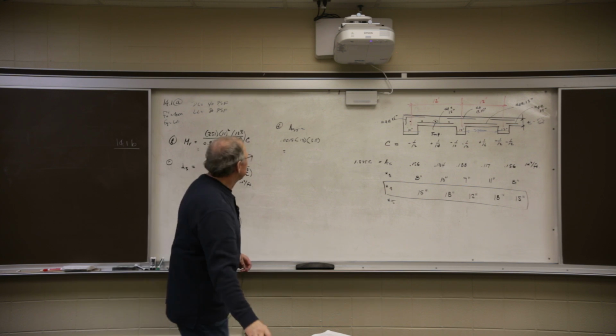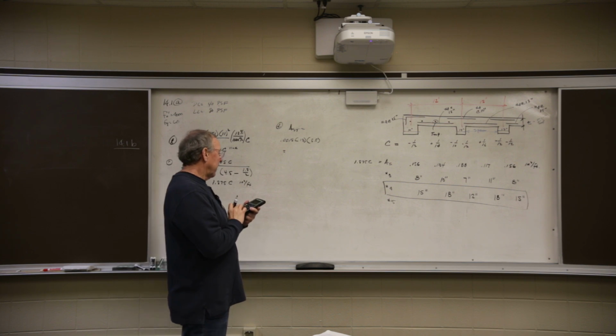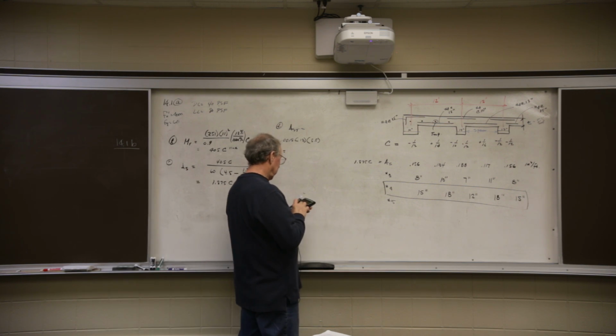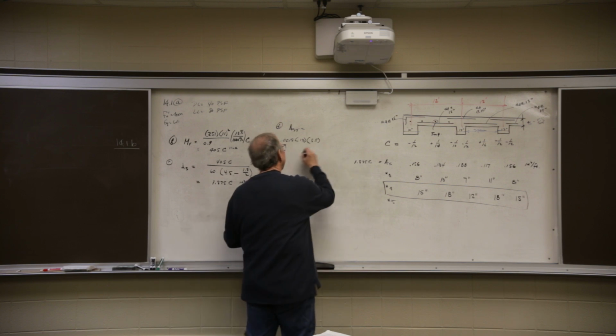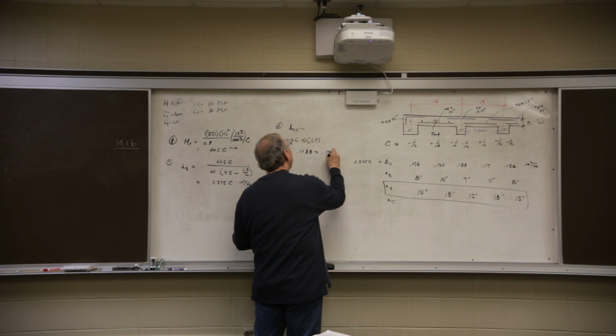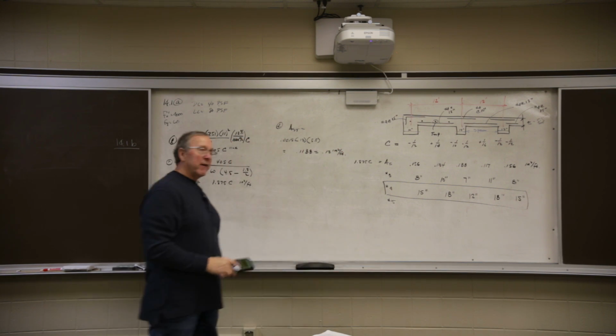Multiply the 3 numbers together. 0.0018 times 12 times 5.5 gives me, doggone it, I screwed up. 0.0018 times 12 times 5.5. 0.12 square inches per foot.